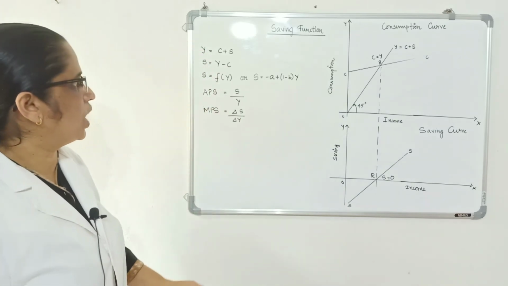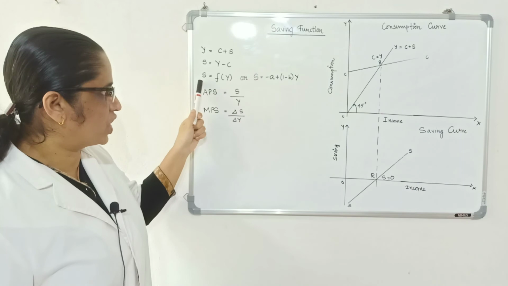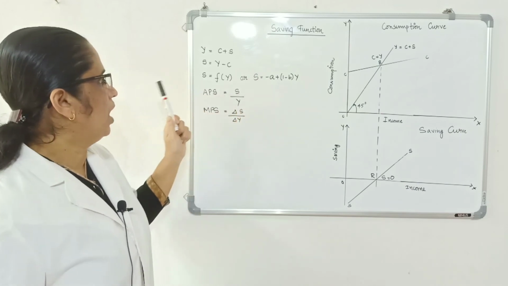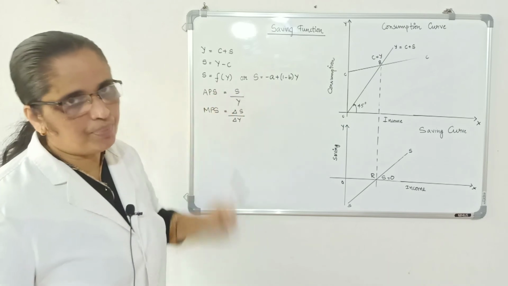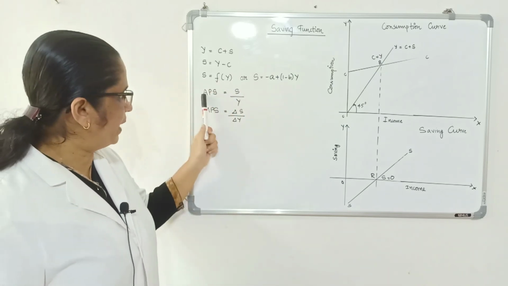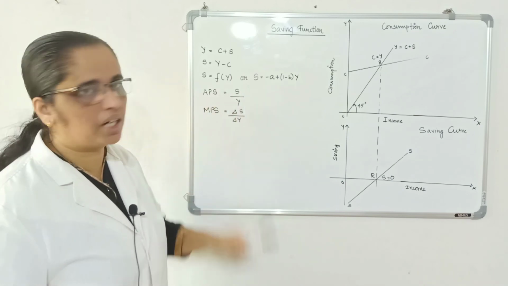Okay. So how can we say saving function? Saving function can be represented in the form of an equation. Saving is a function of income. We have two concepts, APS and MPS. APS is equal to the ratio of total saving to total income.